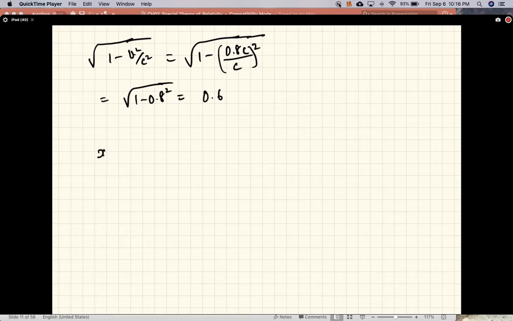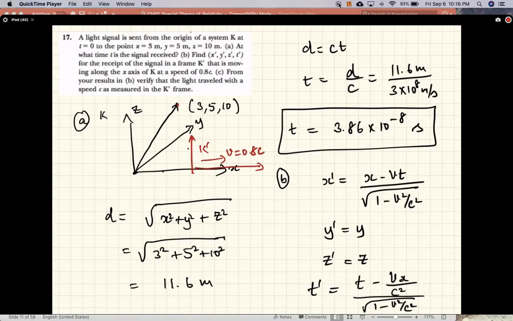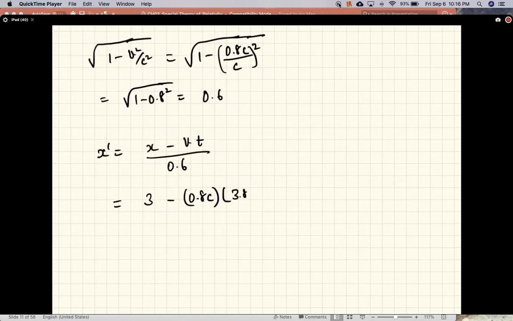So let's calculate x prime. x prime is x minus vt divided by 0.6. x is 3 meters, v is 0.8 c, and t, the time at which the signal reaches that point, is 3.86 times 10 to the minus 8 seconds, divided by 0.6. All right, so 3 minus 0.8 times 3 times 10 to the 8 meters per second, times 3.86 times 10 to the minus 8 seconds, divided by 0.6.